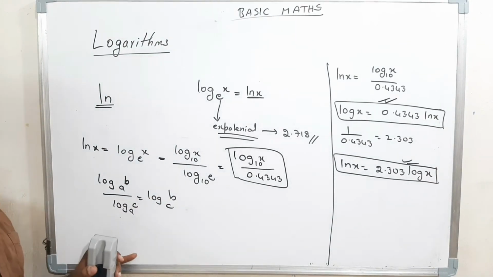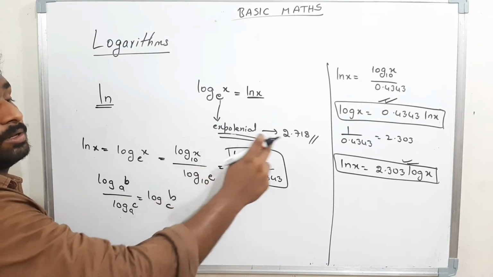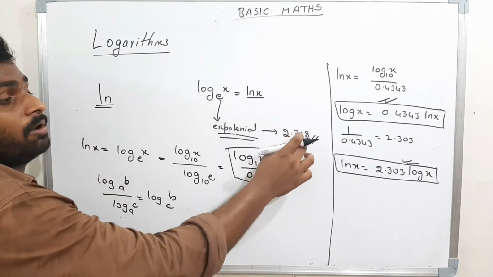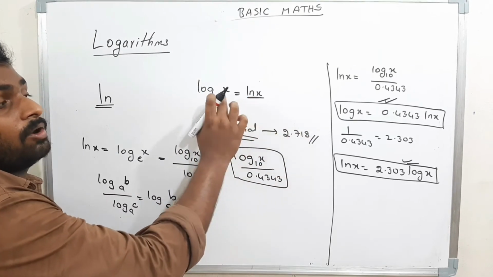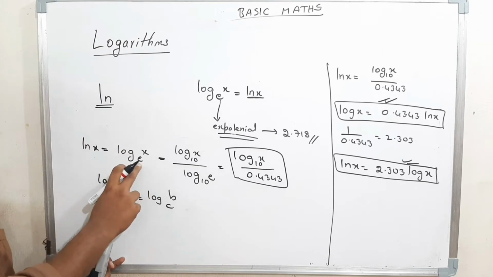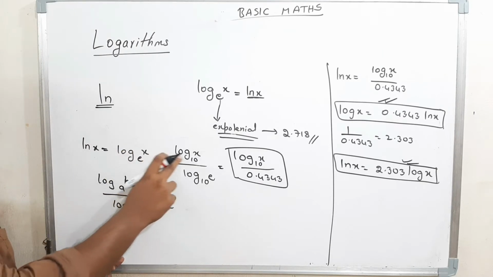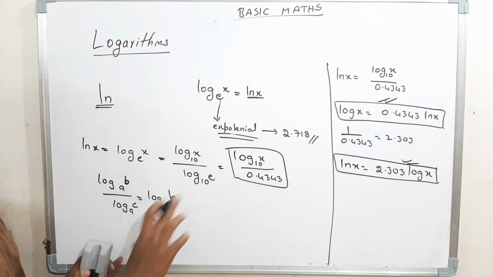Understand carefully. Whenever the base is e, it is exponential. It has a particular value, that is 2.718. Whenever the base is this value, then we call the log as ln. Therefore ln x is equal to log x base e. Now I can write this using the formula as log x base 10 by log e base 10.